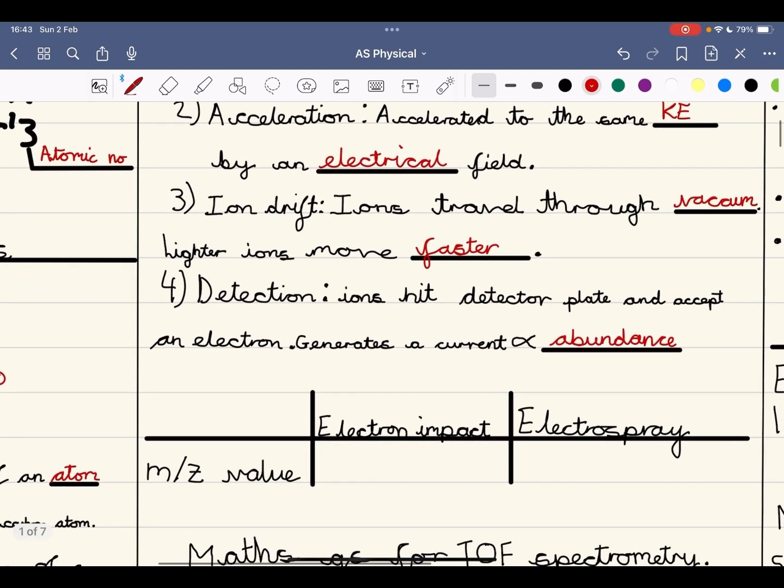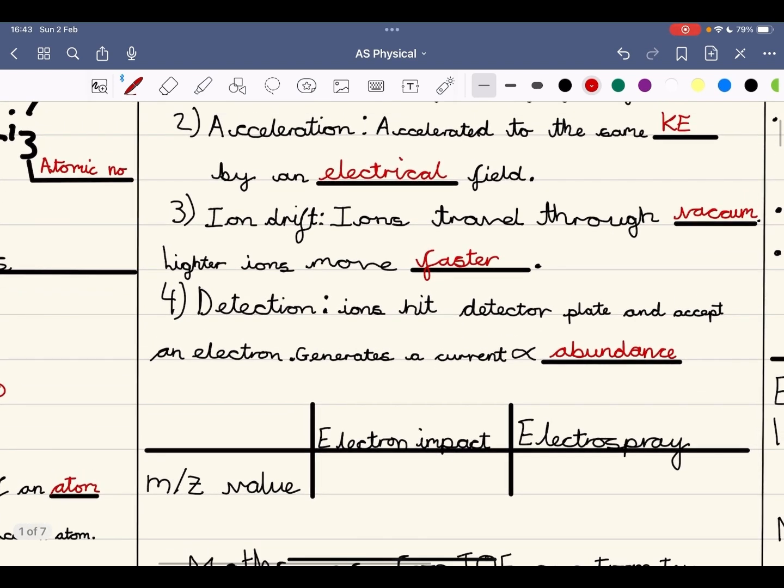Okay, and the m/z values are what you see on the computer. And when you use electron impact ionization, the m/z value will be equal to the mass. However, when you use electrospray ionization, you gain a proton, so your mass goes up by 1. So the m/z value will be the mass of your molecule plus 1.